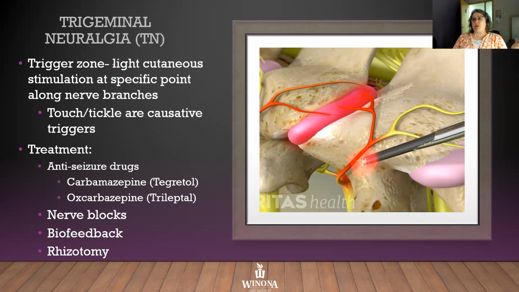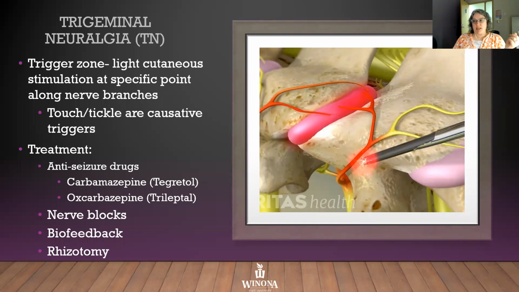So the trigger zone is light cutaneous stimulation at a specific point along the nerve branches. And like I said, light touches and tickles are considered to be triggers as well.